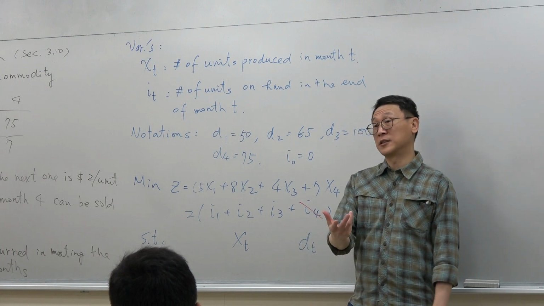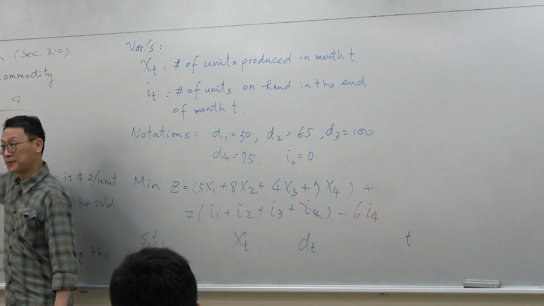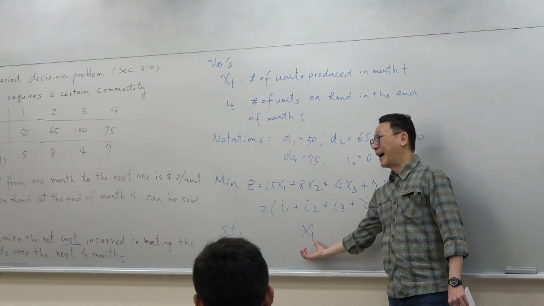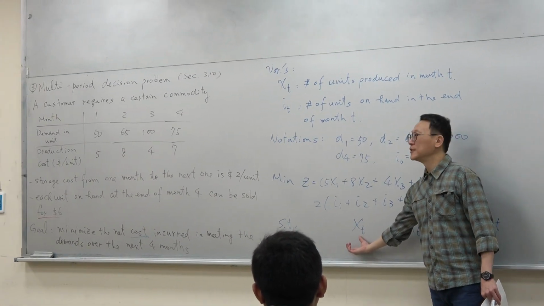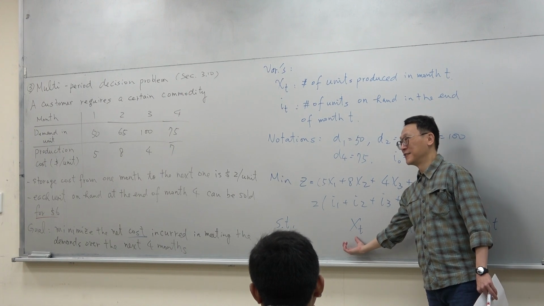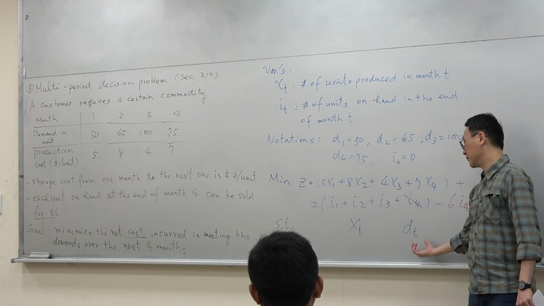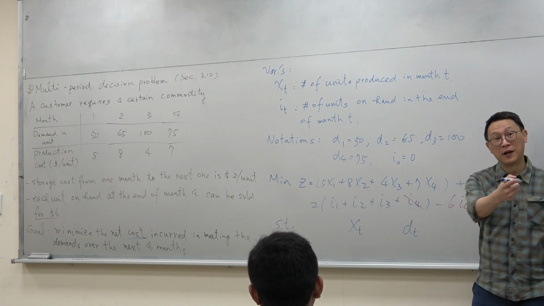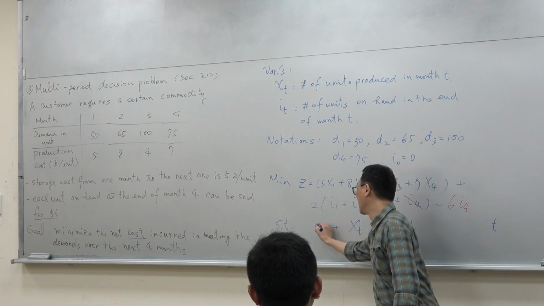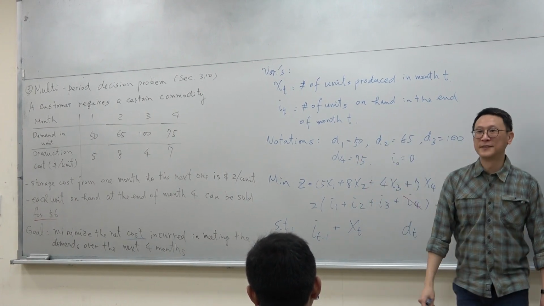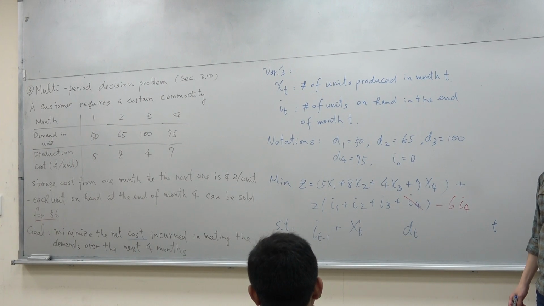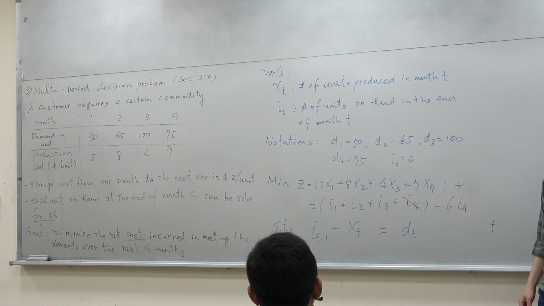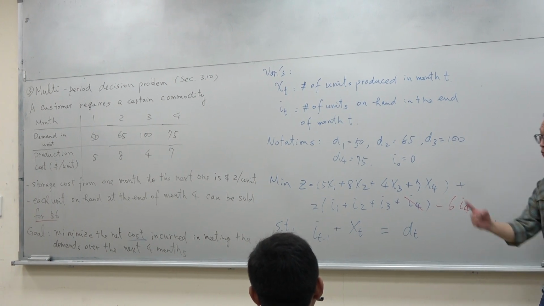Take period 2 as an example, where demand is 65. I can only produce 60 units, but how can I fill the 65? With inventory from the previous period, to meet demand. That's only one example.